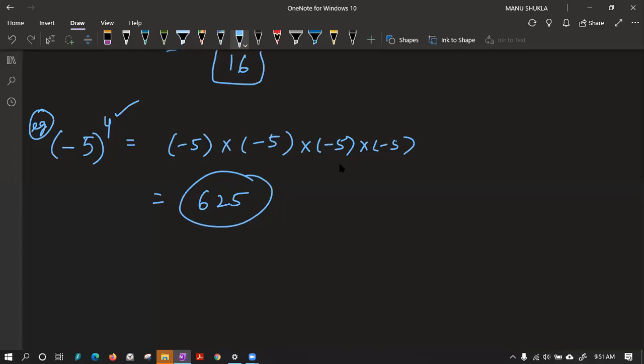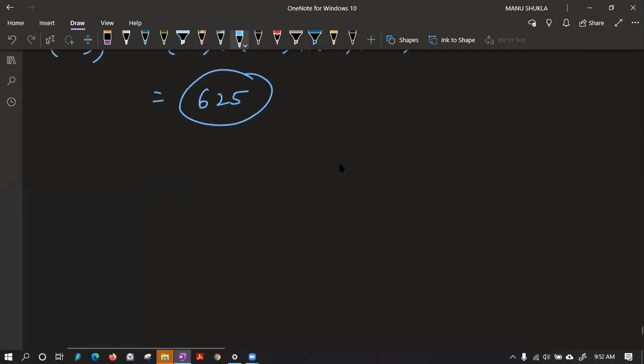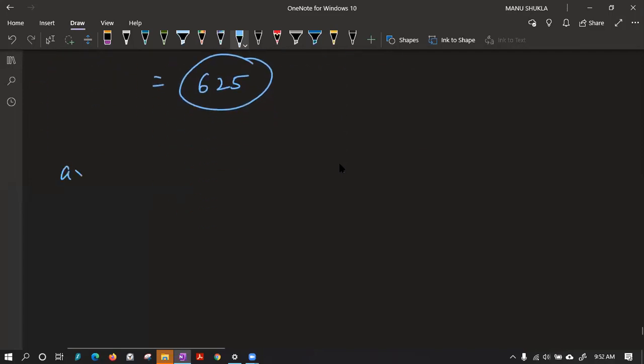I hope question 1 is simple. Question number 2, okay, just one thing I want to tell you, class. If you have a into a into a and you want to write this in power form, how will you write this? Please tell. If you have a multiplied with a multiplied with a, tell me.